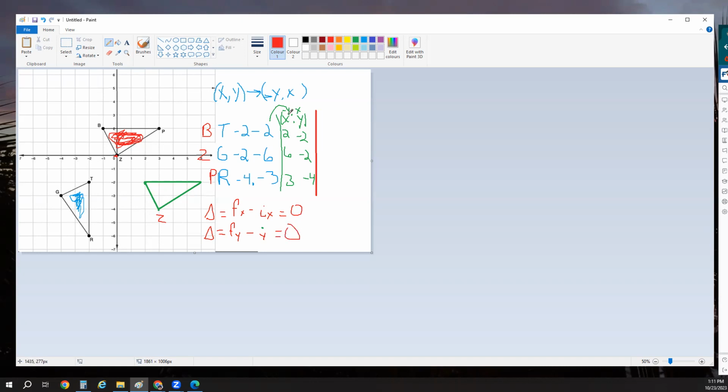And then I'm going off of Z here. And then for here, my initial is going to be -3, right? And then -4, minus -4. So this is going to be -3 and then +4. Right, so there we go. And that's my delta X, my delta Y.